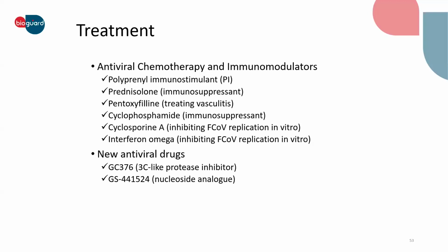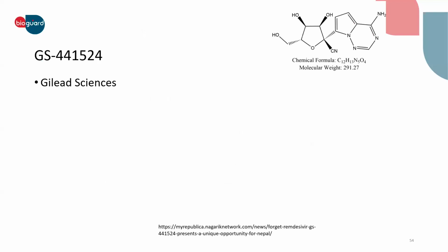Especially GS441524, a nucleoside analog, has been proved in lots of different studies to be very effective in treating cats infected with FIP.